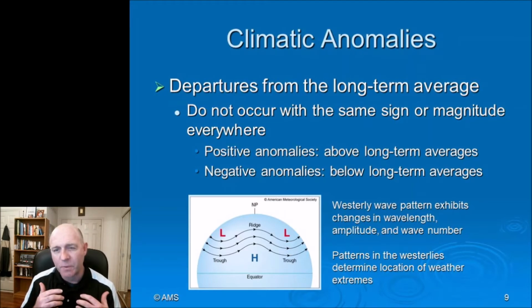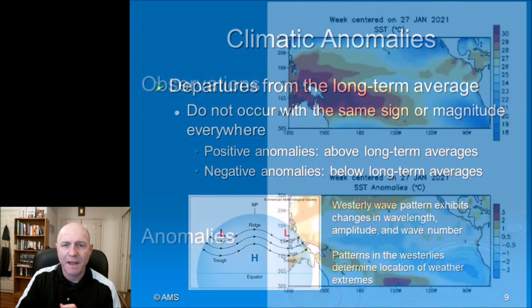Oftentimes we hear the term positive and we think that's a good thing. Here we're talking about it in mathematical terms. So positive anomalies doesn't mean it's necessarily a good thing. It just means it's above the long-term average. And negative is the other way around. Doesn't mean it's necessarily bad, but it does mean it's below a longer-term average.